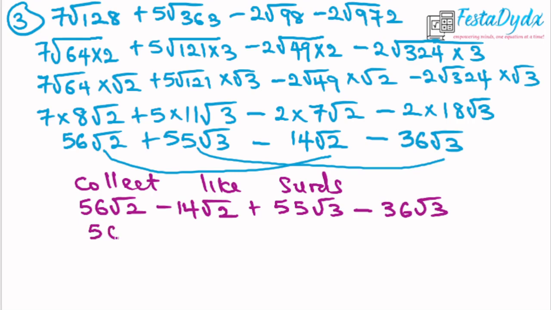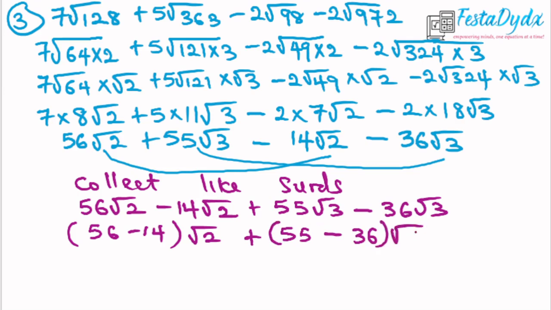Now 56 minus 14, we'll bring it together, then we'll pick one of the root 2, plus 55 minus 36, we'll bring it together and pick one of the root 3. So 56 minus 14 gives us 42 root 2 plus 55 minus 36 gives us 19 root 3.